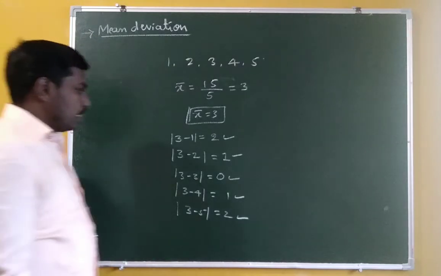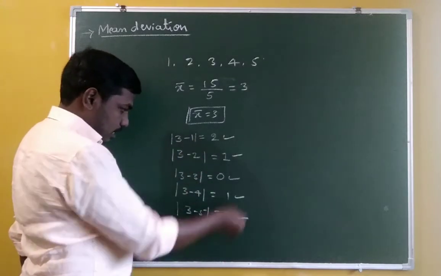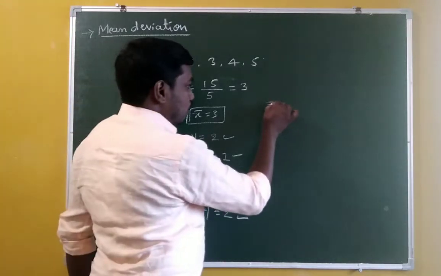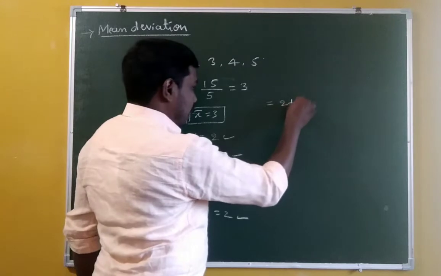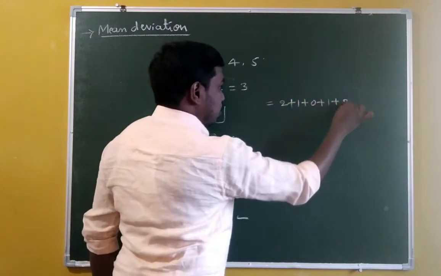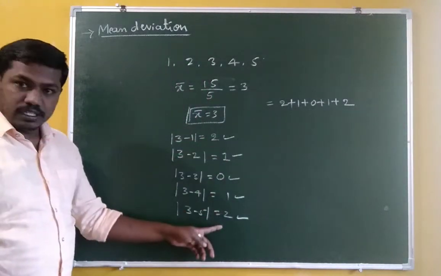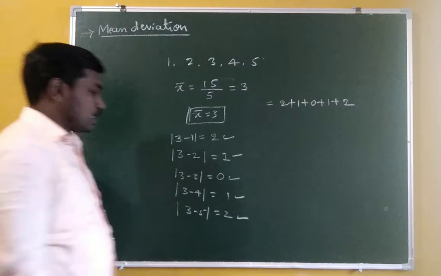Okay. So take the sum of all. What is the sum? 2 plus 1 plus 0 plus 1 plus 2. How many deviations are there here? 5.